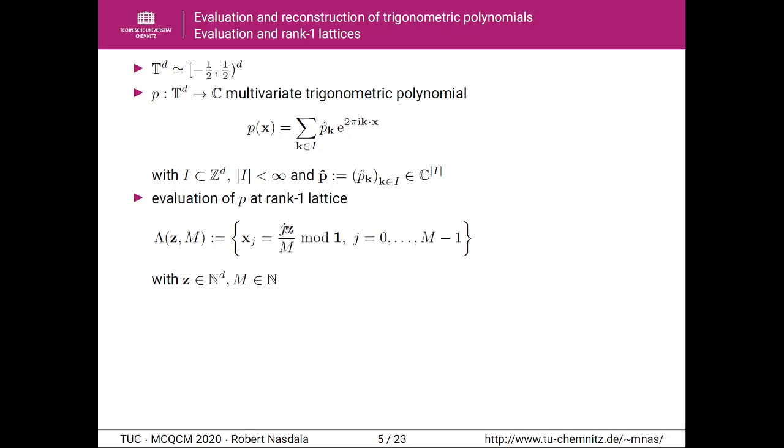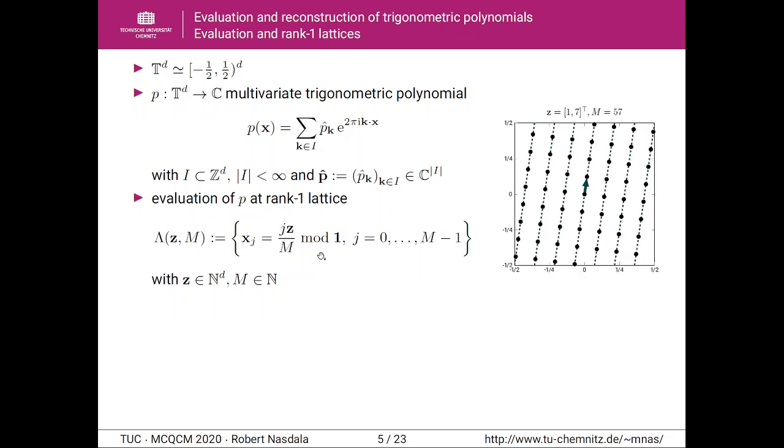There we need a generating vector z that is then divided into m equal parts and in a sense wrapped around the torus, which we can see here. We take (1, 7) as our generating vector, wrap it around the torus and divide it into 57 equal parts.